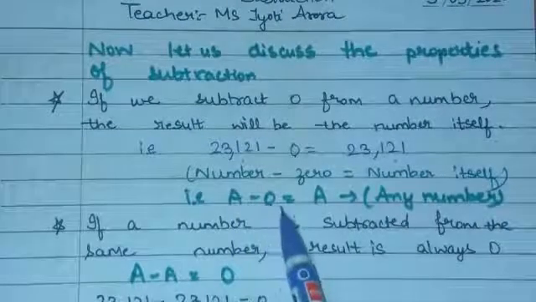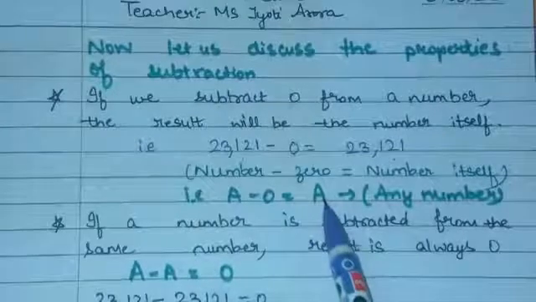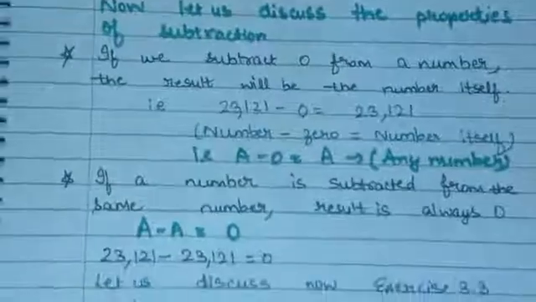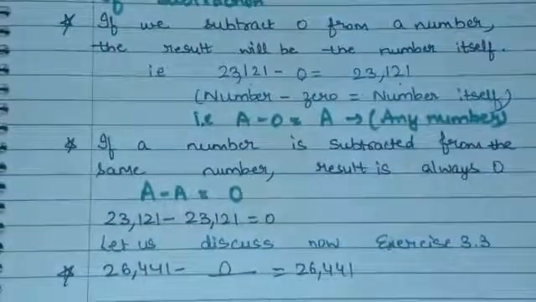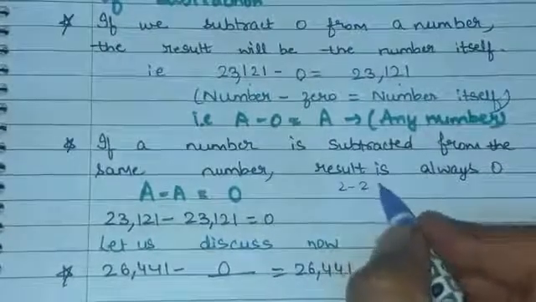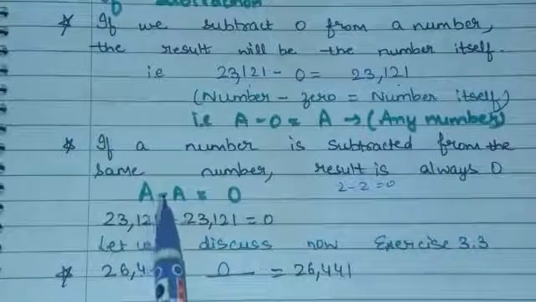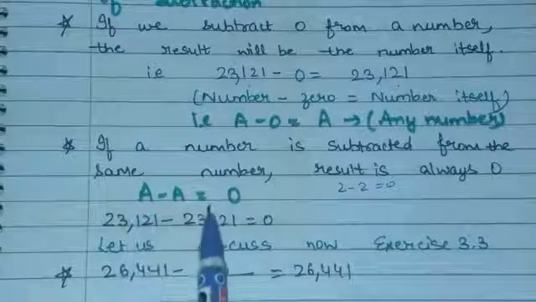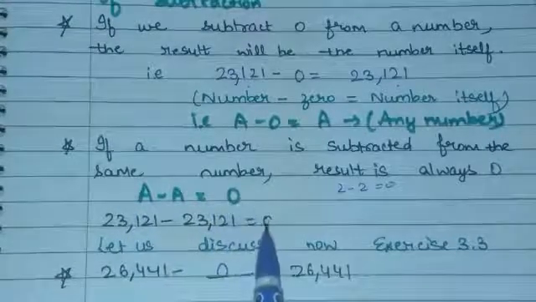A minus 0 will always equal that particular number. Second one is if a number is subtracted from the same number, means 2 minus 2 is what? 0. So if we subtract any number from the same number, the result we get is always 0.